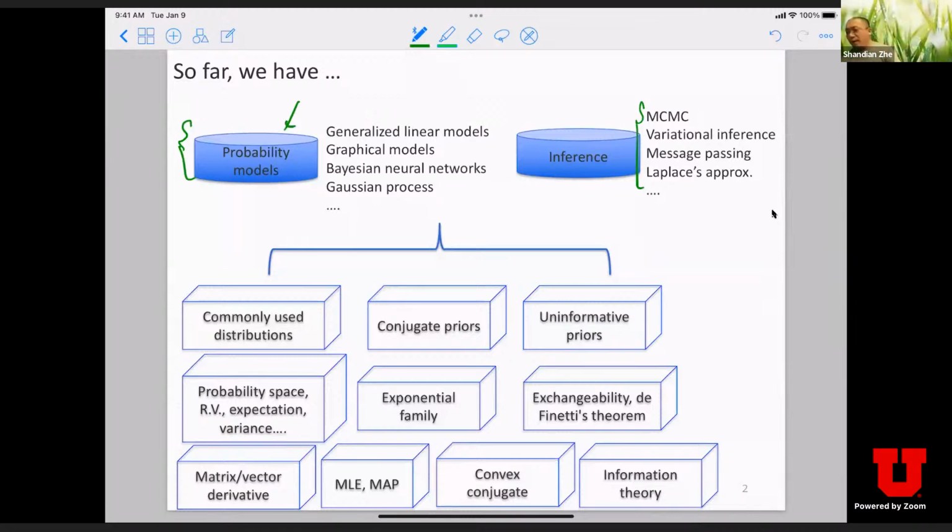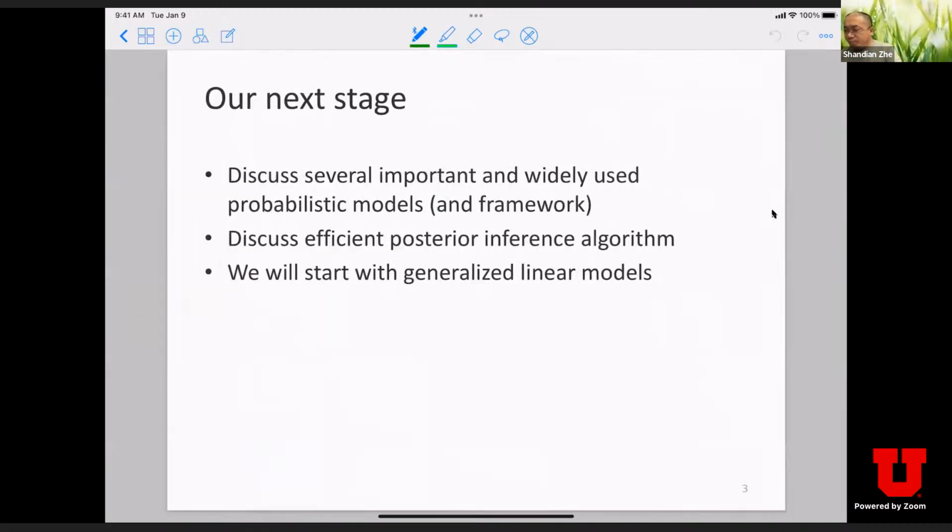So this is our plan. In our next stage, we're going to discuss several important and widely used probabilistic models and frameworks, and then we switch to efficient posterior estimation algorithms. It's not like we're going to introduce 10 models and then 10 inference algorithms. Actually, modeling and inference are interleaving.